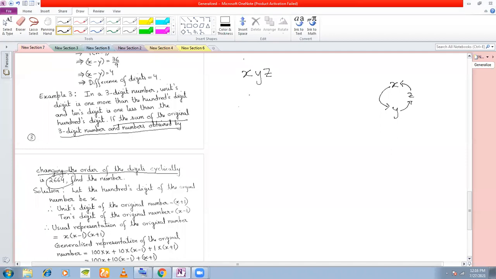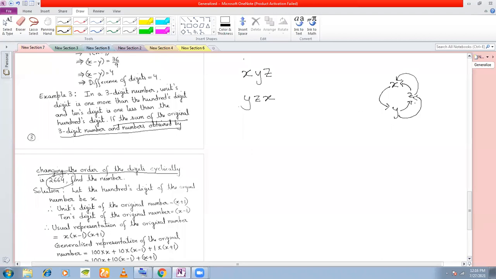No, from XYZ I am saying. So YZX. This is the first cyclic order, right? Then ZXY, because we start from Y, then we reach Z, and then we reach X, right?